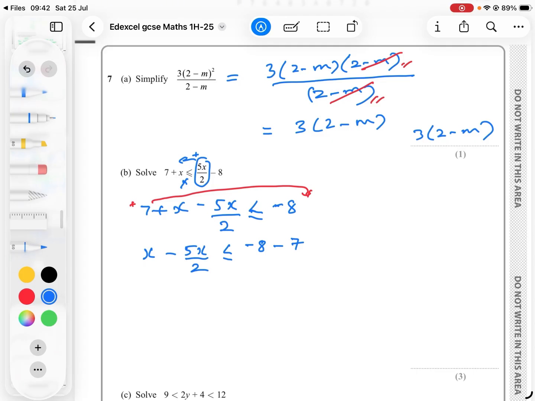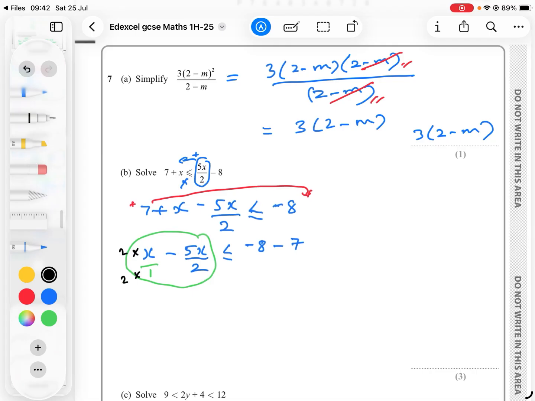Now you need to simplify the left hand side. Your x means x over 1; the denominators 1 and 2 have LCM 2, so multiply by 2 up and down.